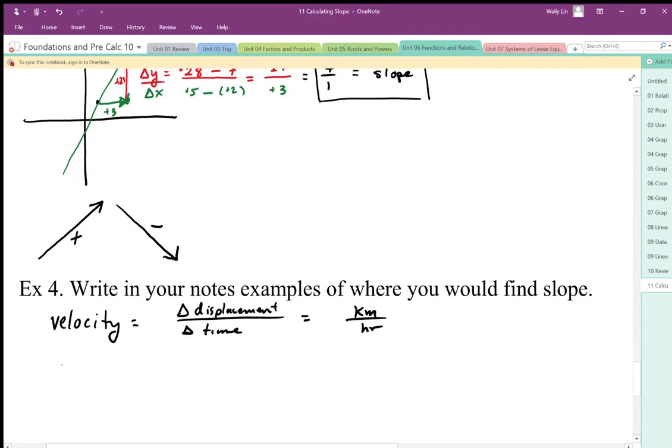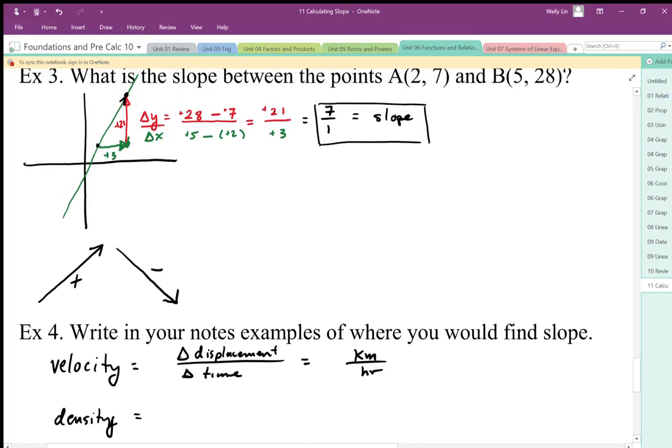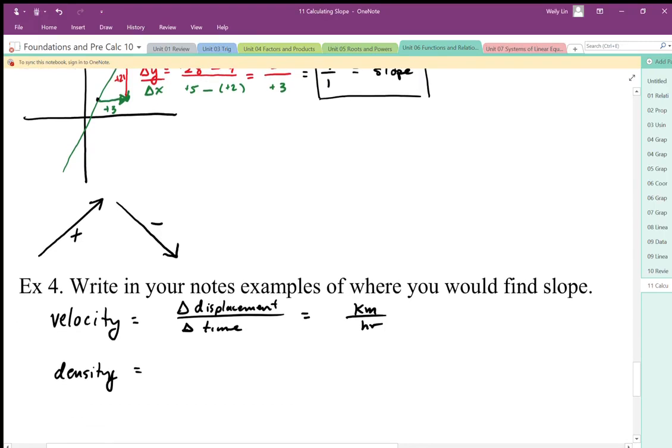We have things like density. These are rates that represent slopes. These are slightly different than the physical slope that we see in a line here, but it's always good to relate these rates into a physical slope for us to understand. So density is the change in the mass over the change in the volume.